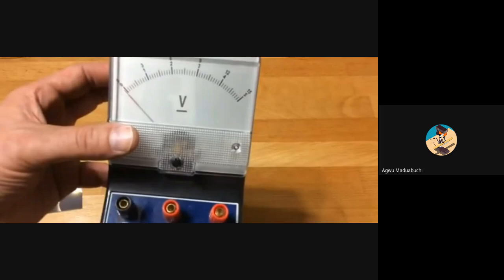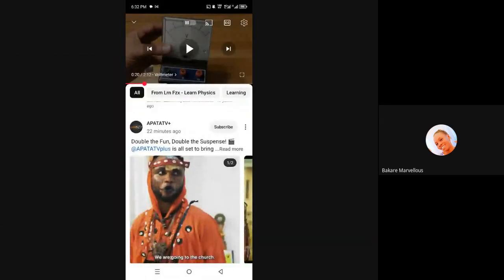This is analog. Good. So it is the ones that used to look like a wall clock. They are the analogs.